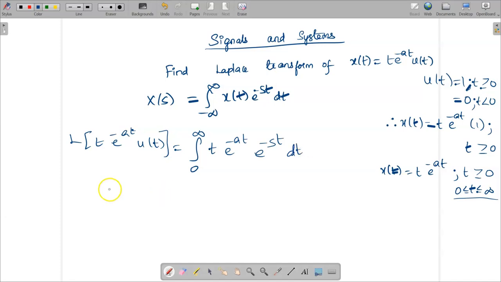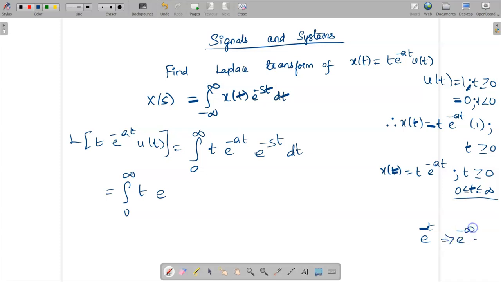Once you have done that, just write 0 to infinity as it is, and t you have. So e is common for both the terms, since in the integral you have infinity. If you take e power minus t, when you substitute t as infinity, what happens?